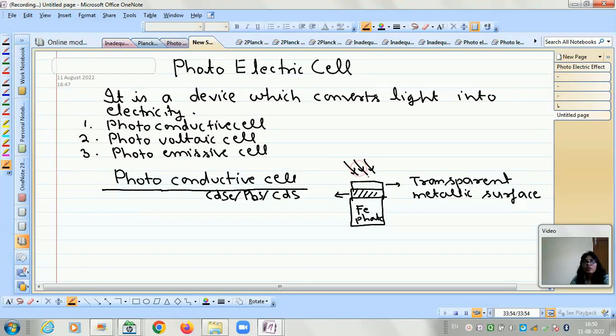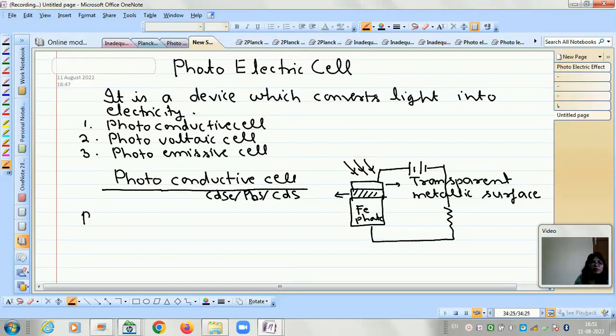Light falls on this metallic surface. Then this is connected with some potential difference, and then there will be some load resistance in this circuit. So what happens is that when light falls on this metallic surface or on this cadmium sulfide material, then the resistance of this material decreases.